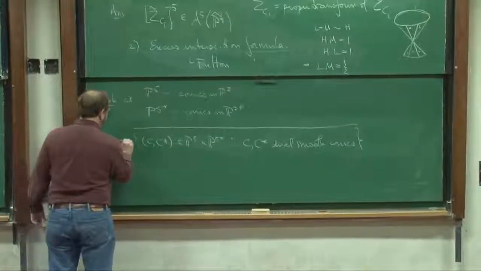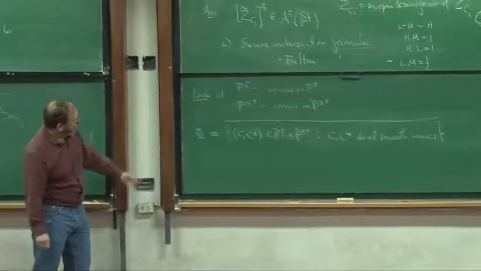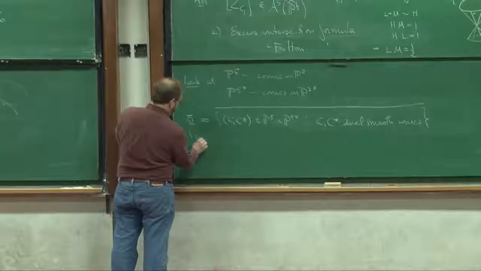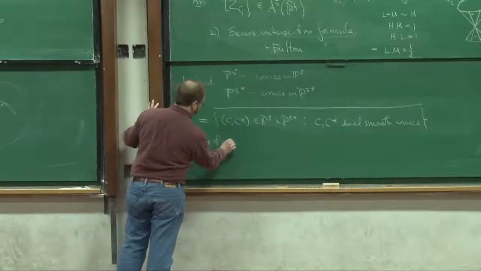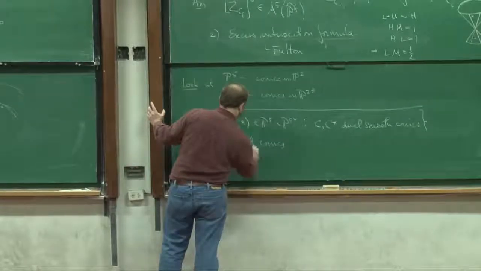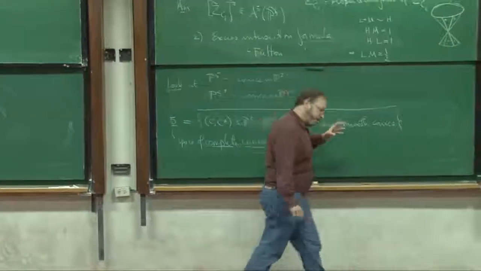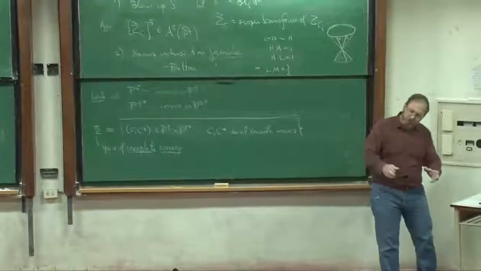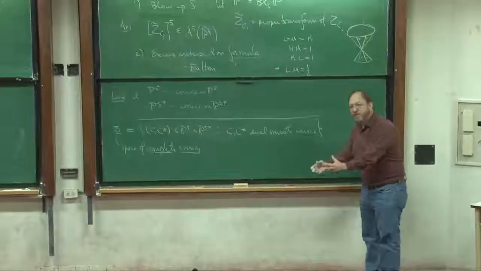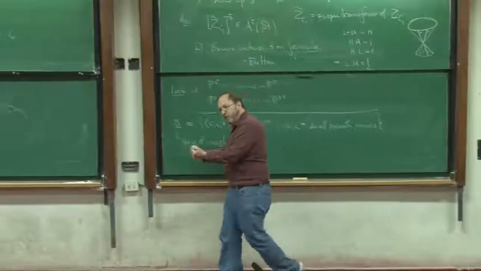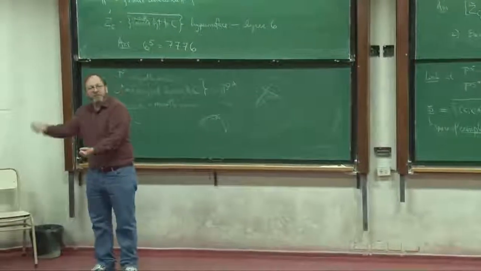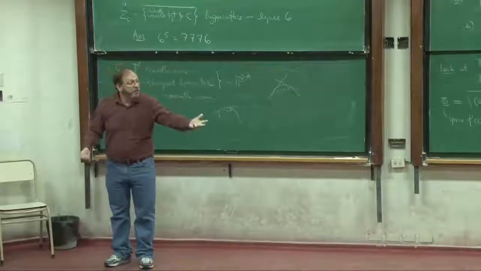This is capital Phi. We're going to call it capital Phi. And a point in Phi is called a complete conic. So this is the space of complete conics. You see, the idea here is that when a conic approaches a double line, the limiting position, we know that if we have a family of conics approaching a double line, each conic in our family has a one-parameter family of tangent lines, a dual curve.